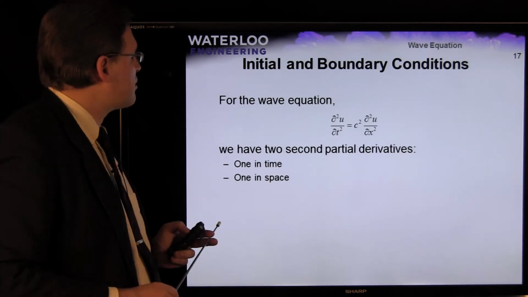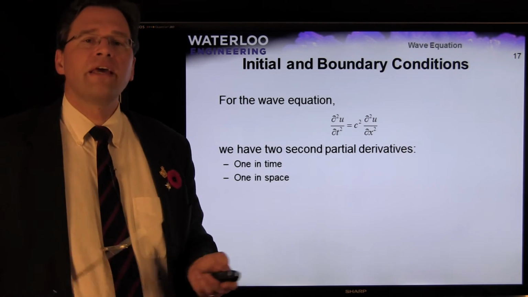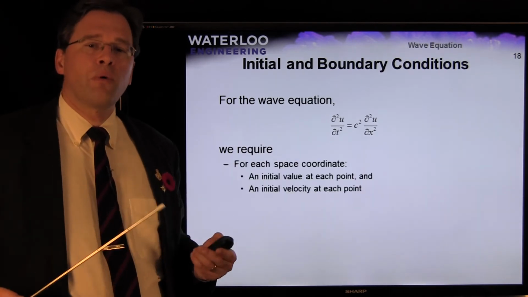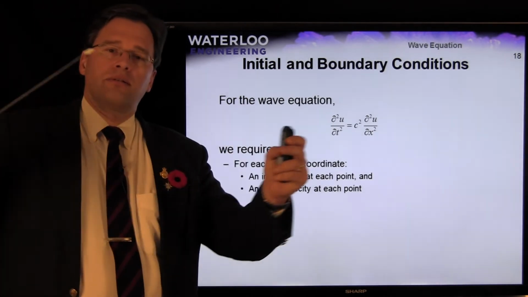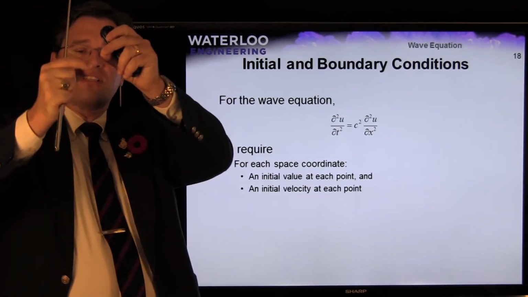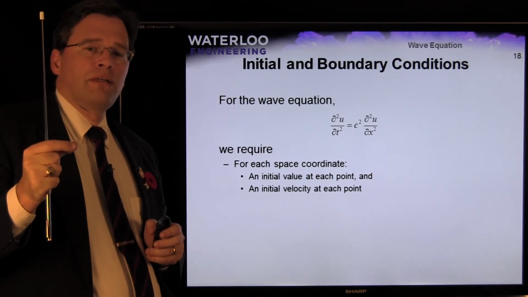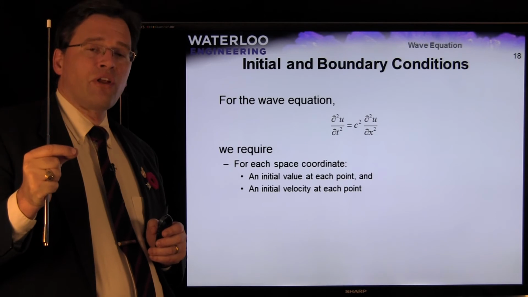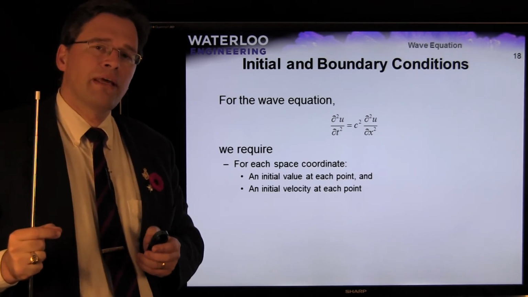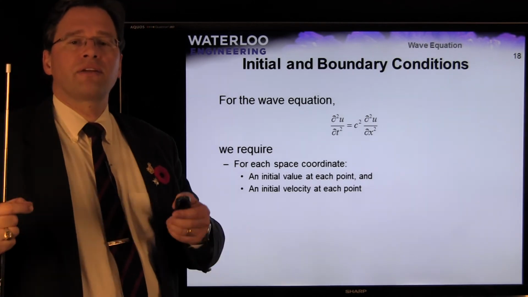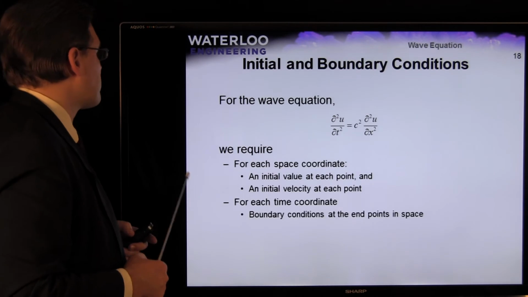Now, for the wave equation, we actually have two second partials, one in time, one in space. Therefore, at each space coordinate, so every single point along the string, we will require to know its position. We will also have to know the initial velocity. Very often we'll have an initial velocity equal to 0 and just see what happens, but there's no reason we could not start with a non-zero initial velocity.